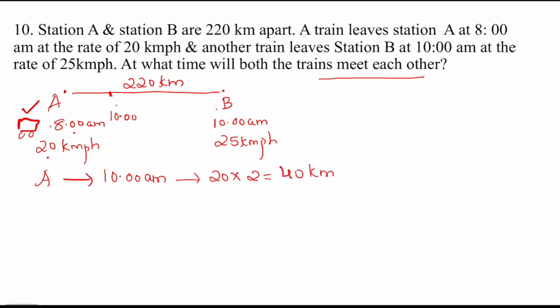So now at 10 a.m. both trains are leaving, A also and B also. But the distance is not 220 now, because A has already covered 40 km.